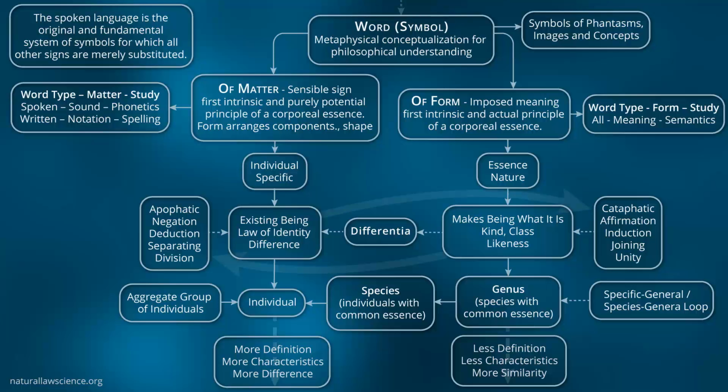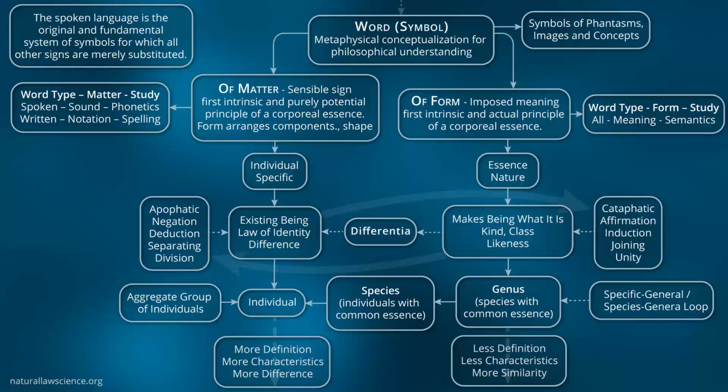That's the sensible sign of the matter. When it's spoken, it's through sound, and that's the study of phonetics. When the symbol is the written type, then it's a notation of matter as a sensible sign, and that's spelling, the study of spelling.